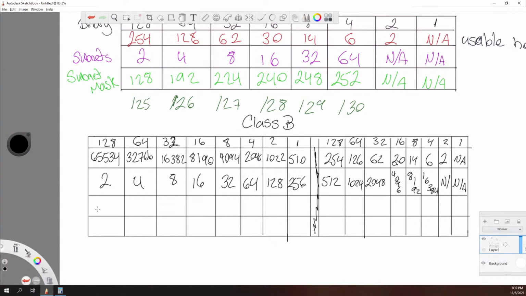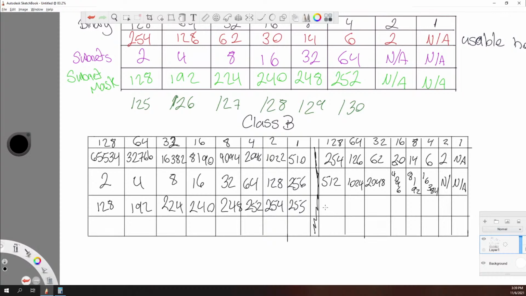And the cool thing about this is it's actually the exact same thing. So 128, 192, 224, 240, 248, 252, and then here we actually need those. 254, 255.